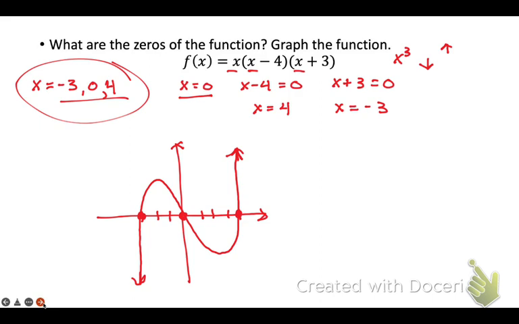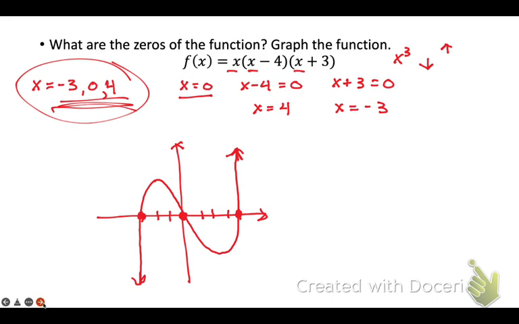Now, we don't know exactly what the tops of these two are, like the vertices of those, but do we know the shape? Yep. We know it's positive, so it has to end up. We know it's an odd function, so it has to start in the opposite direction. So it starts down, and it has to go through the zeros: negative 3, 0, and 4. So do we have an idea what this looks like?